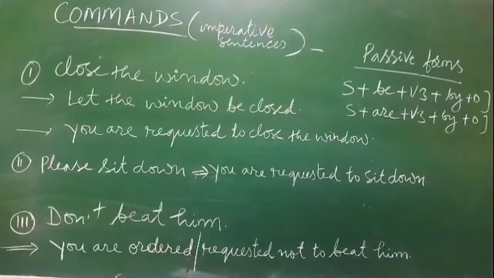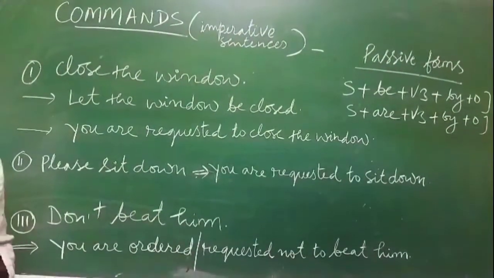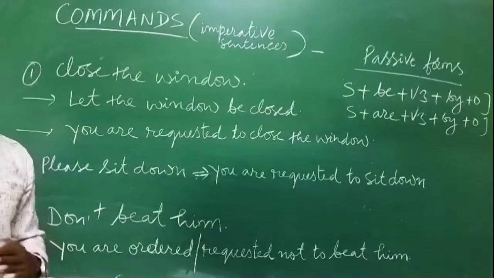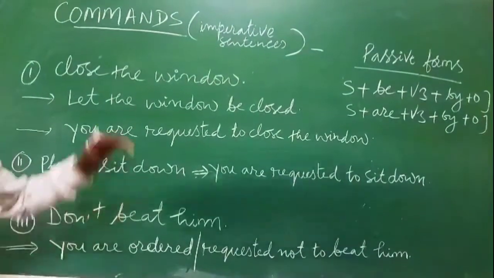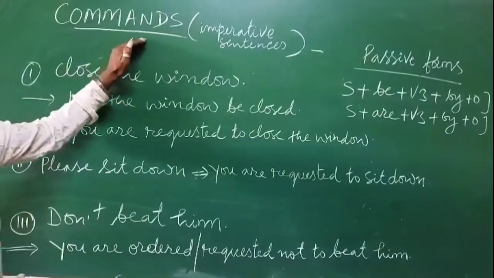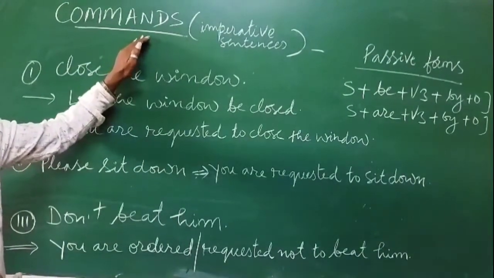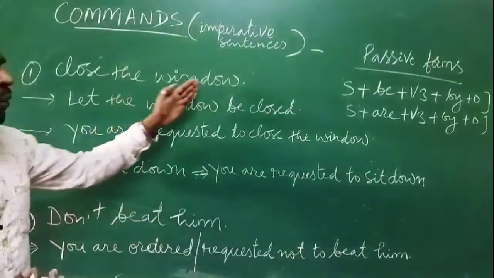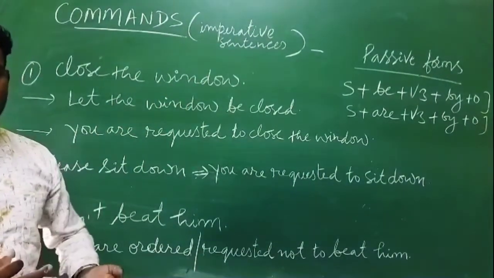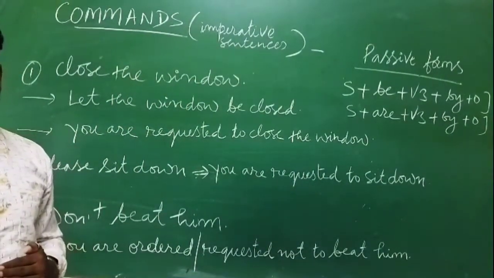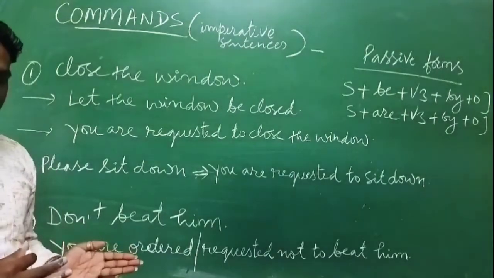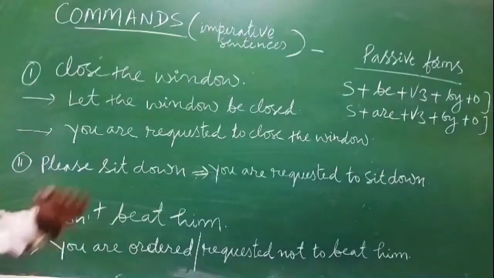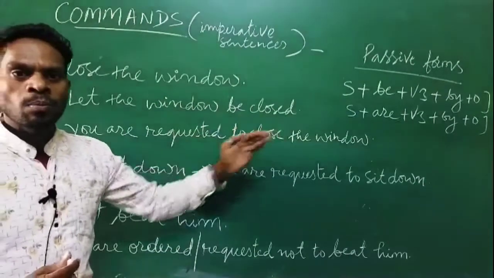Next we will see how we can change imperative sentences into passive voice. Any command sentences, like sit down, keep quiet, don't beat him, close the window, are imperative sentences. How can we change those sentences from active to passive voice?